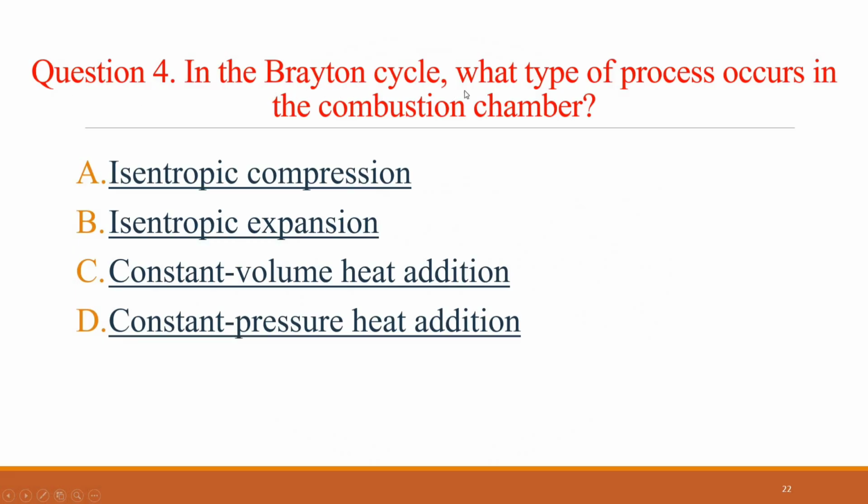Question 4. In the Brayton cycle, what type of process occurs in the combustion chamber? The correct answer is constant pressure heat addition.